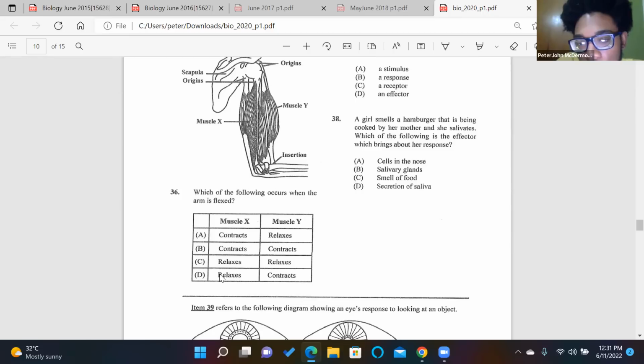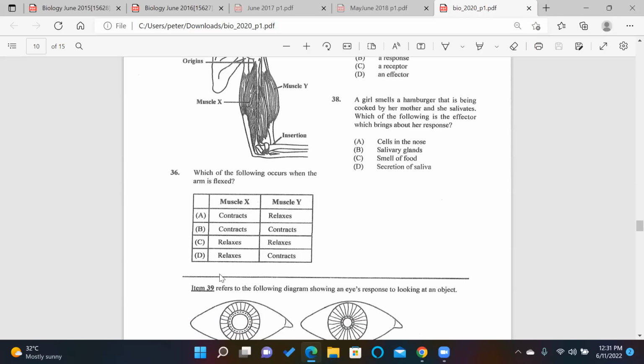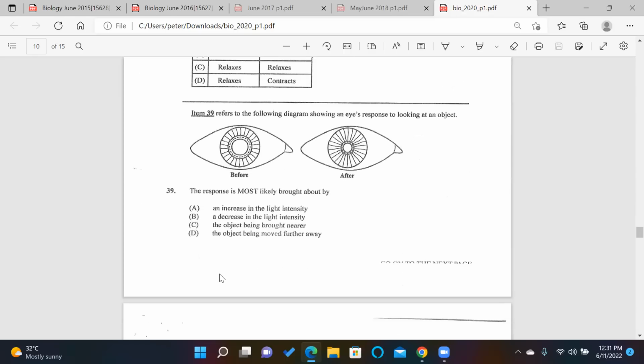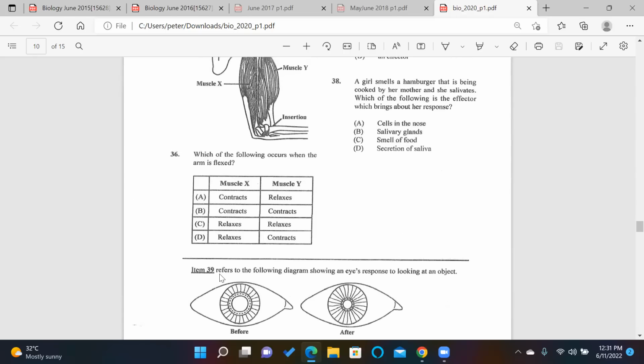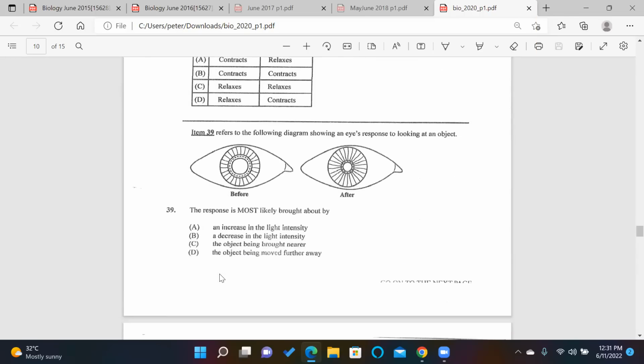So what's detecting the stimulus? What's the receptor? A. A. What's the stimulus? C. What's the response? What's the response? Salivate. Yeah, secretion of saliva.